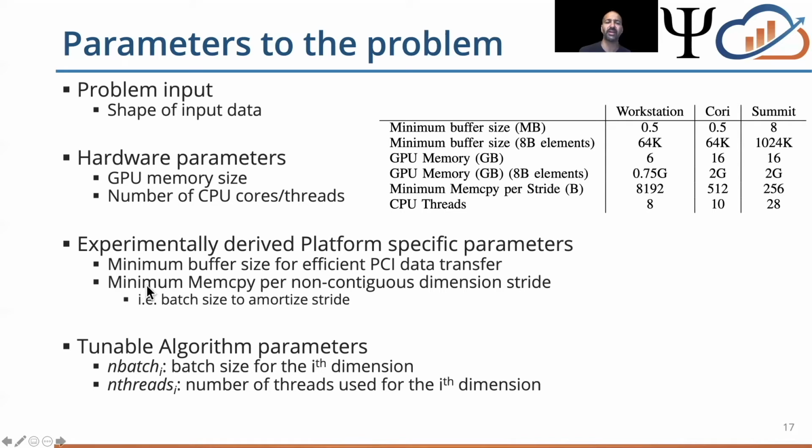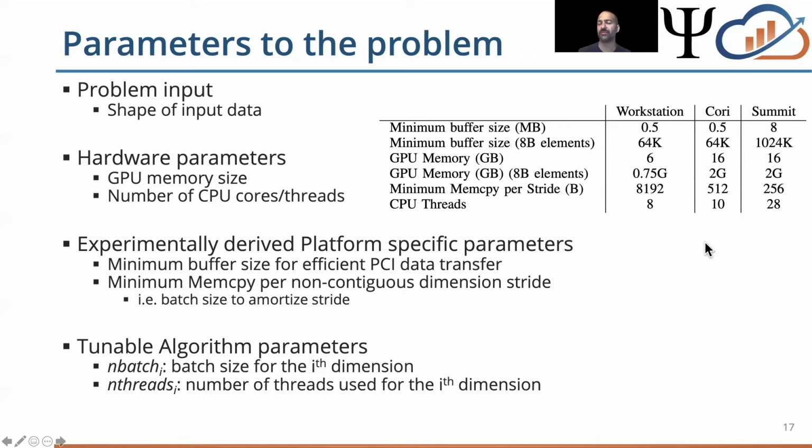And then finally, we're going to find the minimum mem copy for each non-contiguous dimension stride. That is the chunk size that we need to amortize the stride misses that we're going to have later. So what is that batch size? And then finally, there are two tunable algorithm parameters. One is n batch and one is n threads. And we're going to solve these two based on all of this.